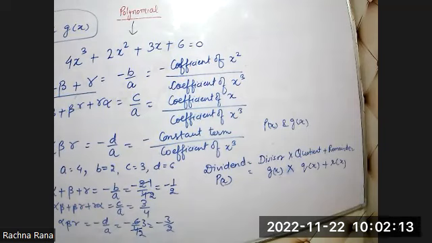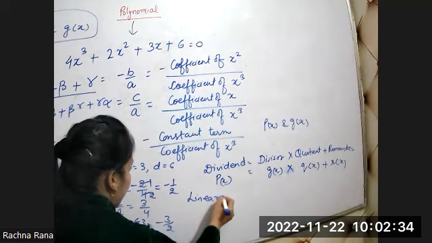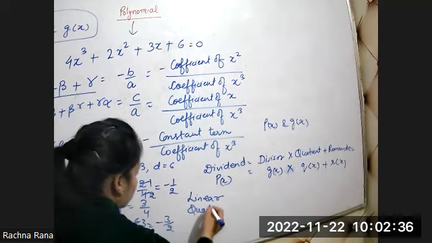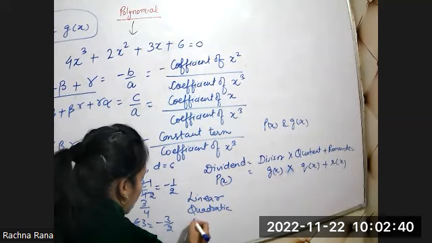Till now, I only discussed what a polynomial is. Polynomials are of three types. First is linear, second is quadratic, and third is cubic.